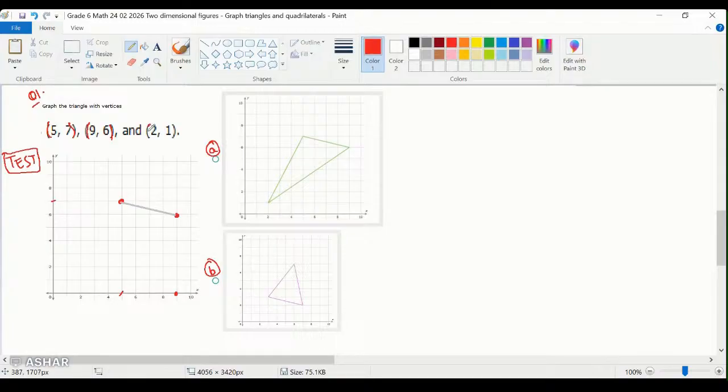And the last one was 2, 1. So we can say 2 and 1. So the final shape comes out to be this, right? It's not visible. Okay, sorry.